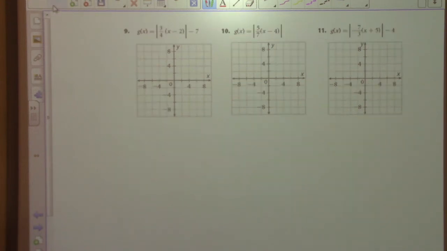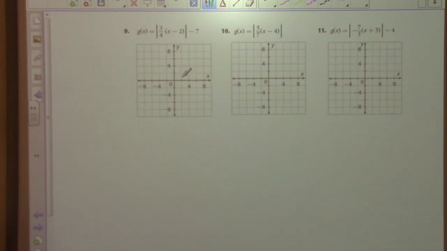Okay, let's go on to these here. It's gonna be the same type of thing for these. What is our vertex going to be here? 2, -7, and we're counting by 2s, right?